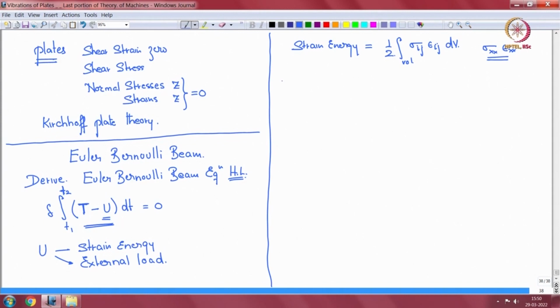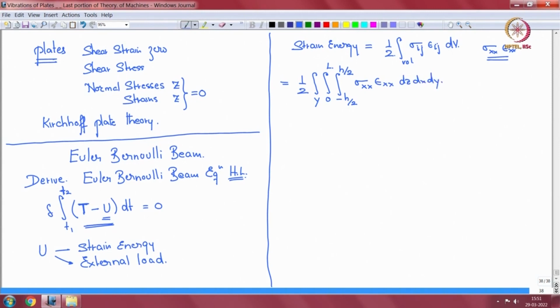So what we have here is equal to 1/2, the integral along the y direction, the integral along the x direction, which is 0 to L, the integral along the h direction, which is minus h by 2 to h by 2, sigma xx epsilon xx dz dx dy.